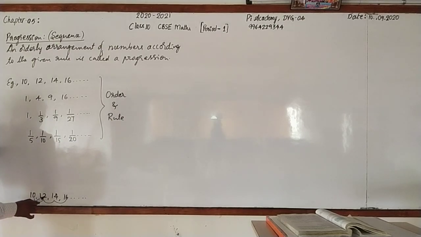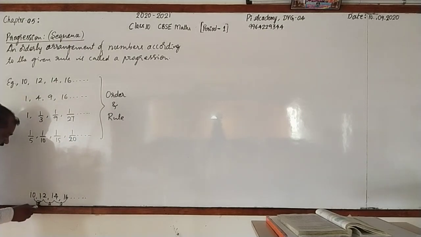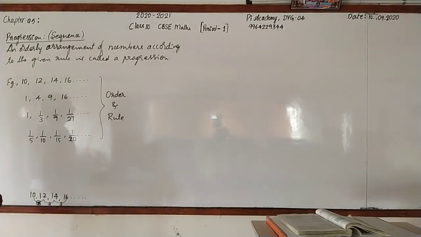What do you say? 12 minus 10, it is 2. 14 minus 12, 2. 16 minus 14, this is also 2. In any progression, if the difference between a term and its preceding term is constant, this is called arithmetic progression.